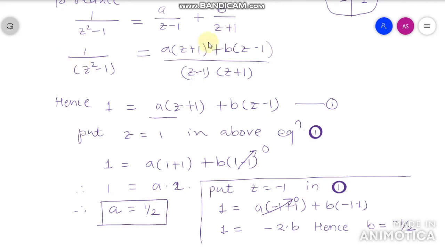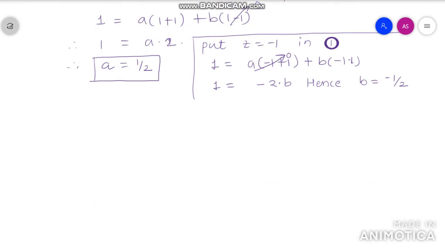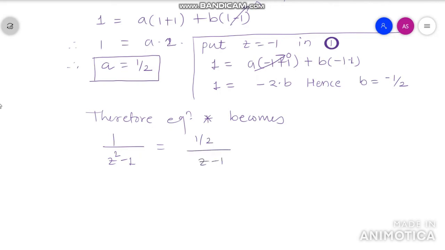Therefore, let me write this equation as a star. Therefore, equation star becomes 1 upon z square minus 1 is equal to 1 upon 2 divided by z minus 1 plus minus 1 upon 2 divided by z plus 1.